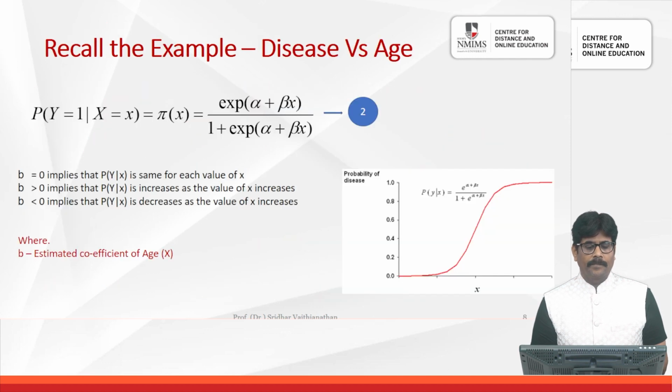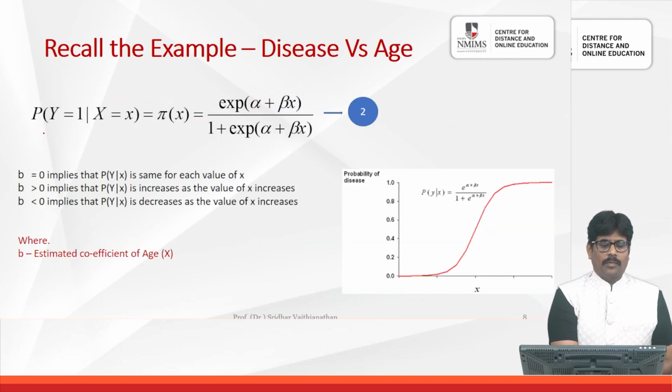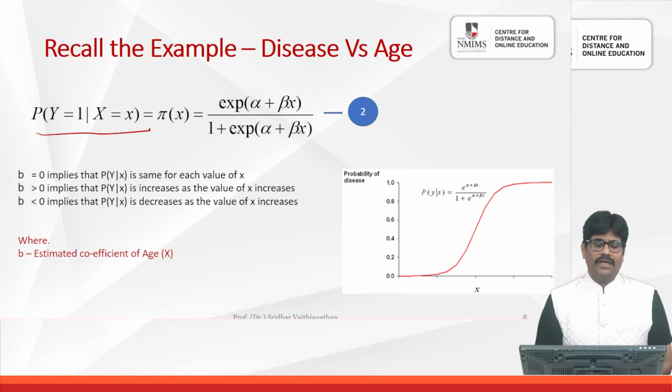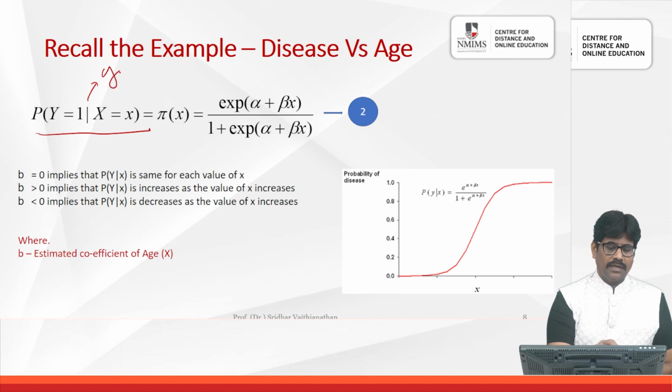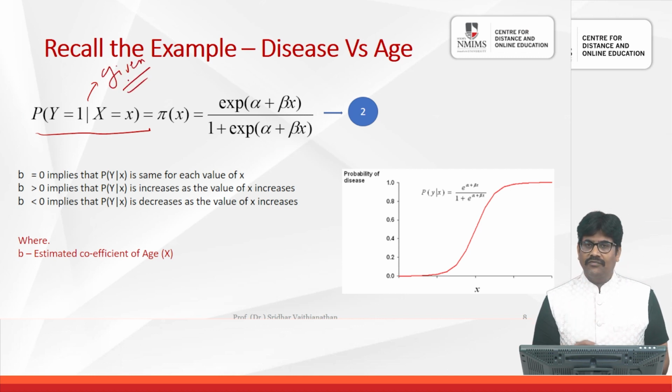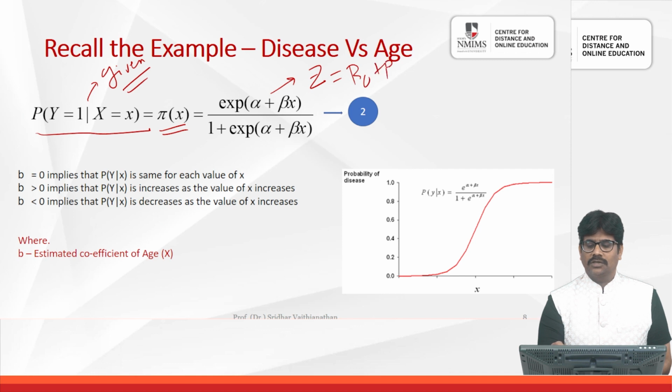Moving further, the probability of y is equal to 1 for the given x, this needs to be read as 'given'. The probability of the success class given these independent variables, pi of z, is nothing but exponential of alpha plus beta x. So this is z, whereas z is equal to beta naught plus beta 1 x, that is what we have seen.